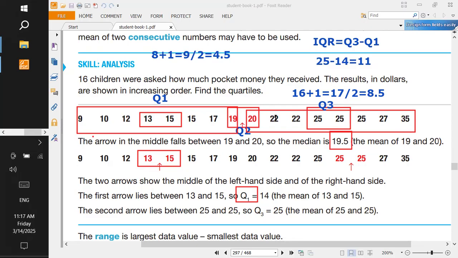So basically, if the count is an odd number, it means you're going to use the numbers in Q1, Q2, Q3. If the count is an even number, it means the Q1, Q2, Q3 will be between numbers. And this is how you answer a question like this. Now, let's move on to the other types of questions using quartiles.